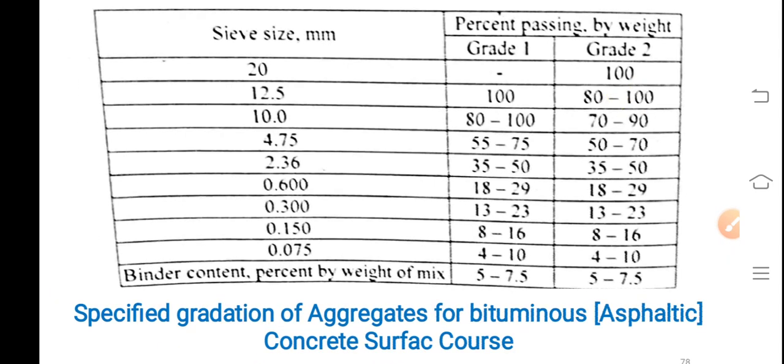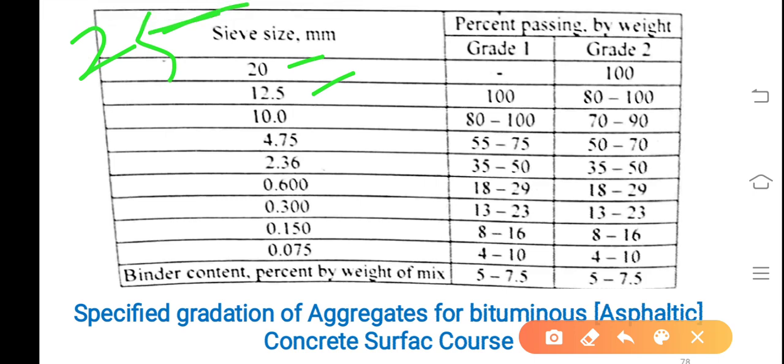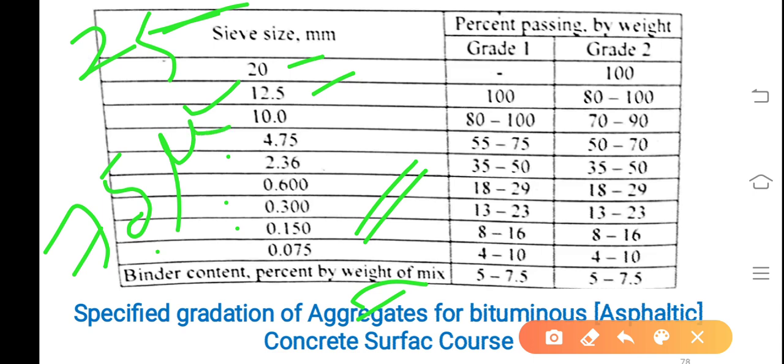So the gradation of aggregate which we use has different sieve sizes starting from 25 mm: 25 mm passing, 20 mm retained, 20 passing, 12.5 retained, and so on up to dust, after the 0.075 mm sieve, or 75 micron. 75 micron is equivalent to 0.075 mm because 75 multiplied by 10 to the power of minus 3 will give you 0.075 mm.